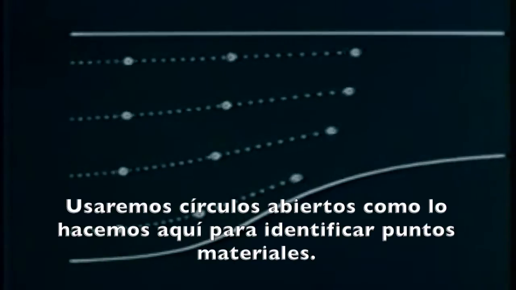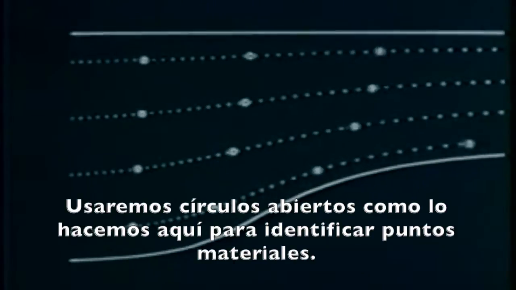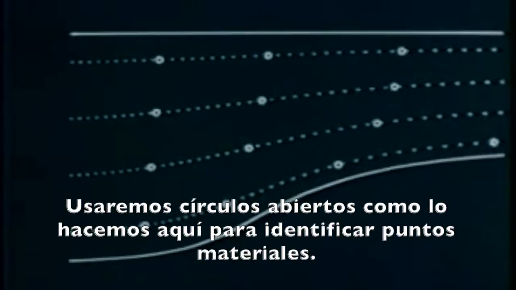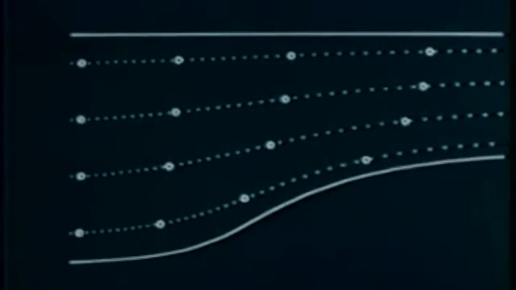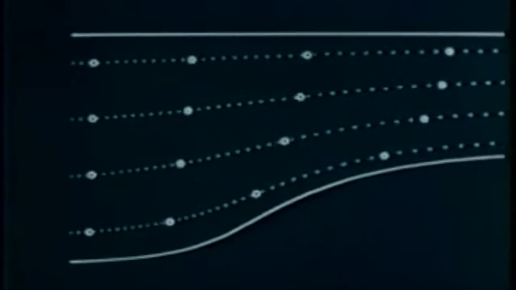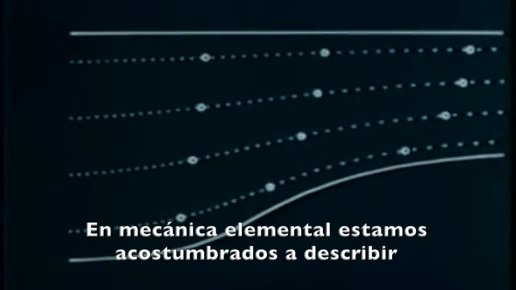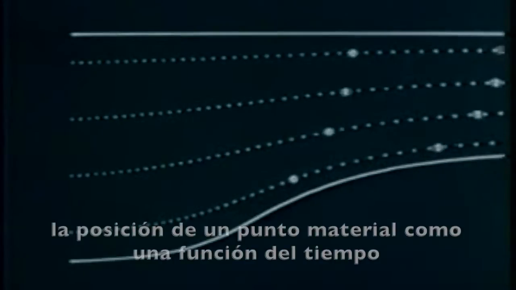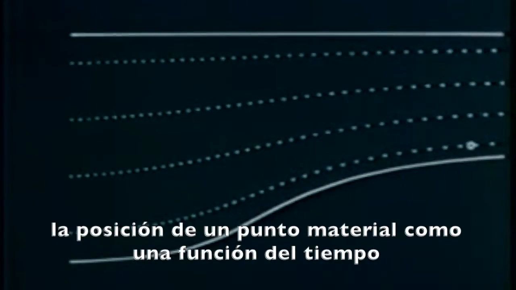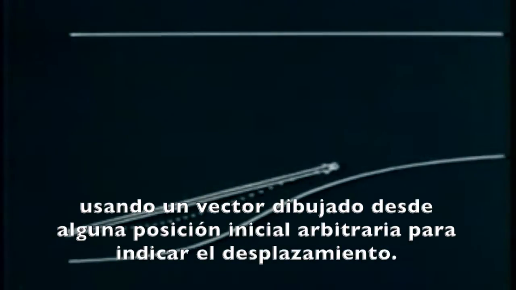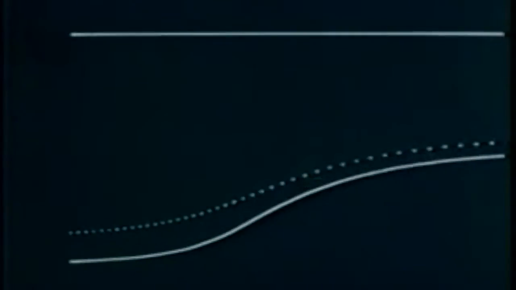We will use open circles, as we are doing here, to identify material points. In elementary mechanics, we are accustomed to describing the position of a material point as a function of time, using a vector drawn from some arbitrary initial location to indicate the displacement.